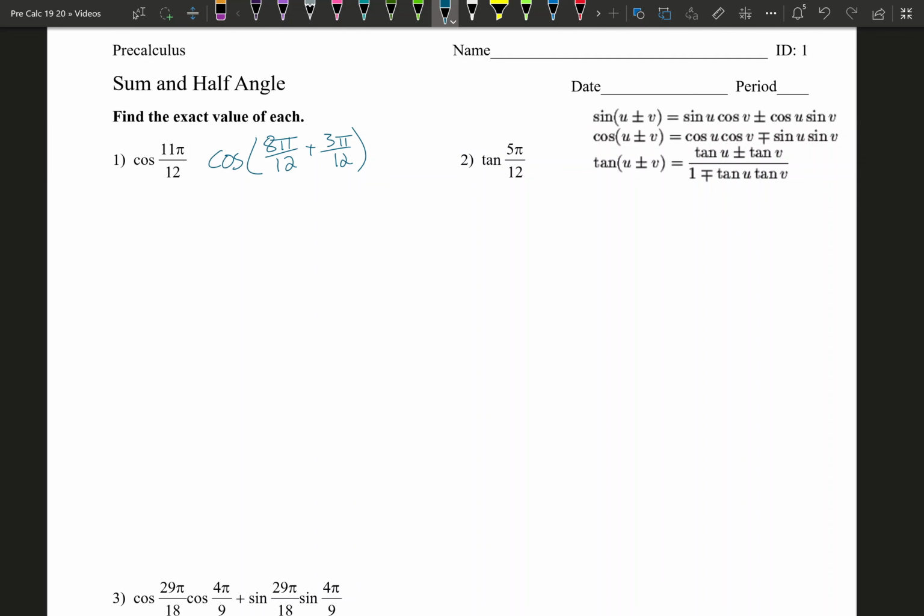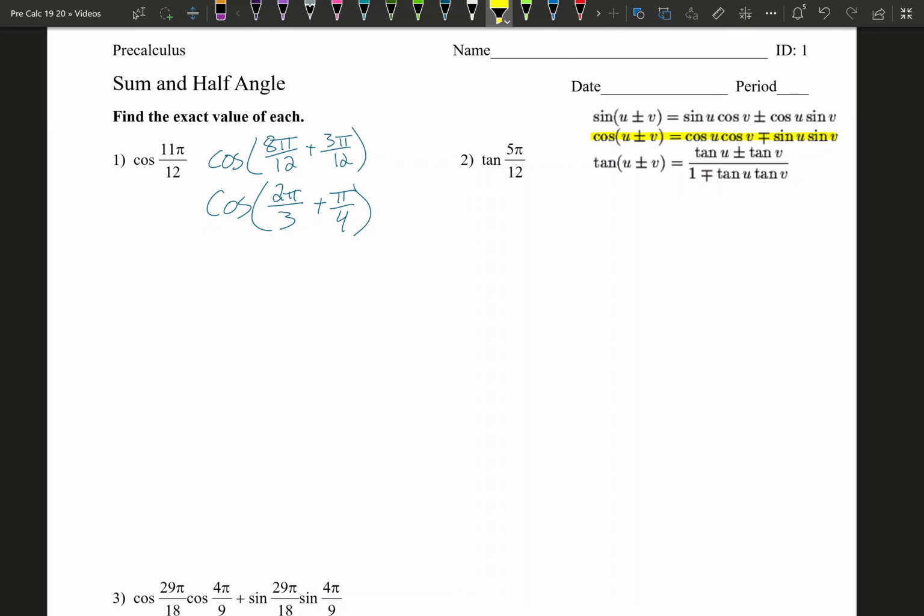The reason I'm going to pick those is because they will simplify to values that we know. So 8 pi over 12 is 2 pi over 3, and 3 pi over 12 is pi over 4. Once we have that, we want to take a look at our identity.